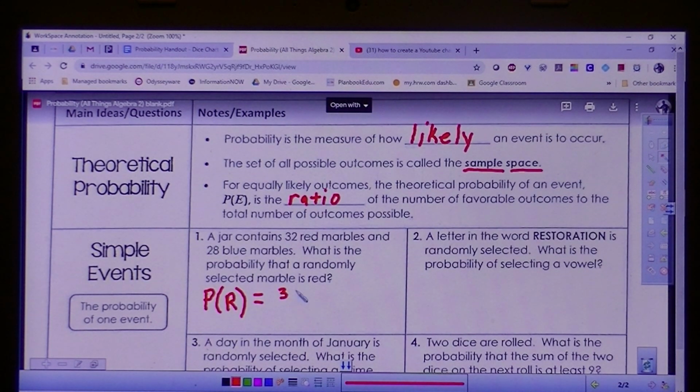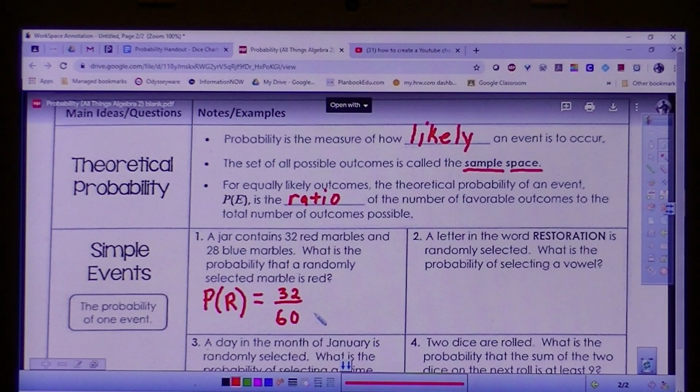We have 32. And then what would be the denominator? Well, that's the total, so 28 plus 32, that is 60. And so this is our probability, a ratio of the favorable over the total possibilities. We're talking about the probability of one event at this time.